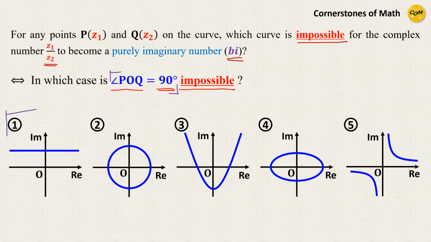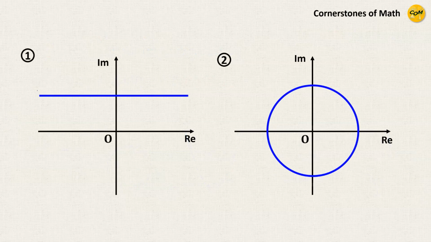So let's take a look at these cases one by one. In choice number 1, we have a horizontal line. Here, we can easily notice that if we take points P and Q like this, then angle POQ can be 90 degrees. Therefore, choice 1 cannot be the answer.